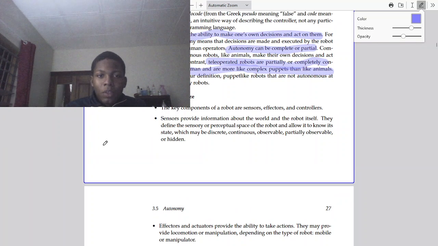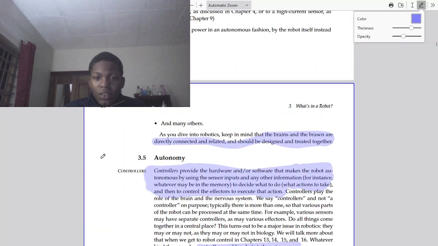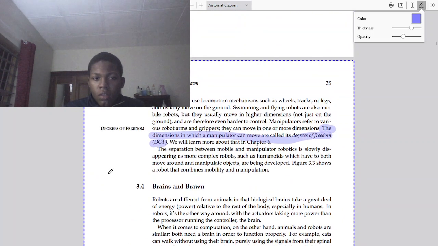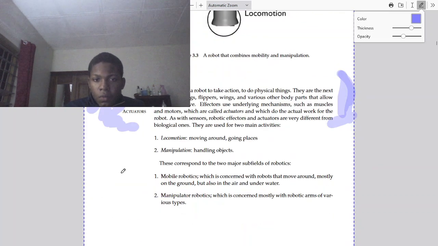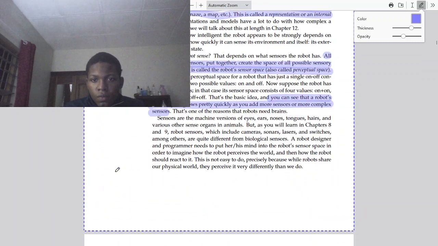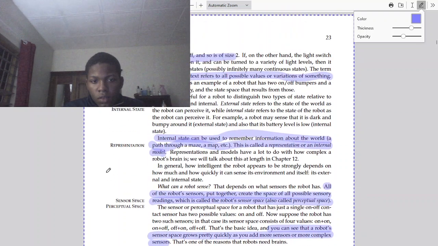It's gonna take a while for me to go over everything, so let me just go over what else I have. So directly related attributes are together. Actuators and effectors. About sensor space. Sensors.